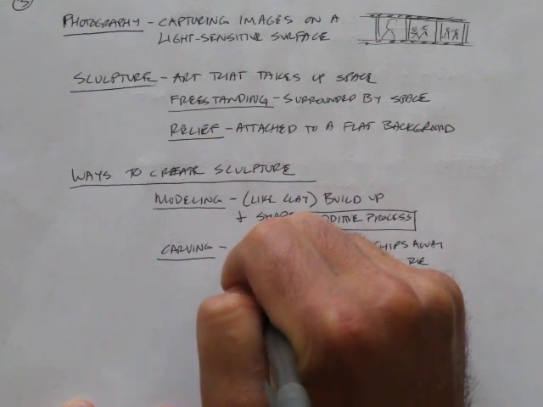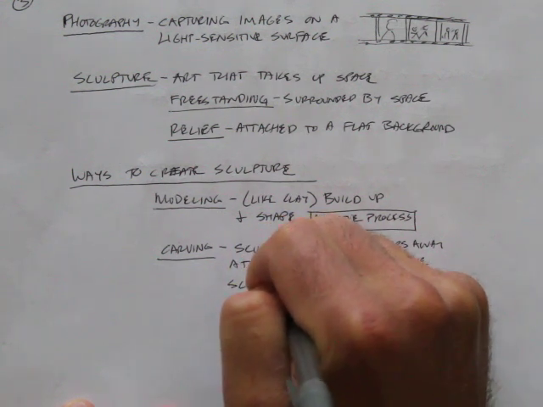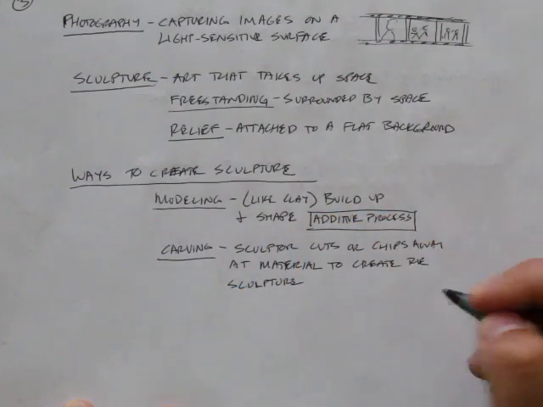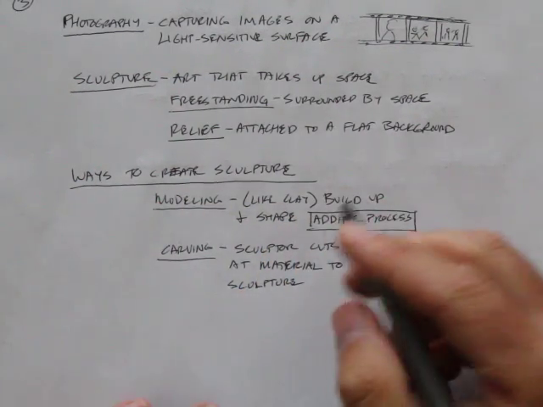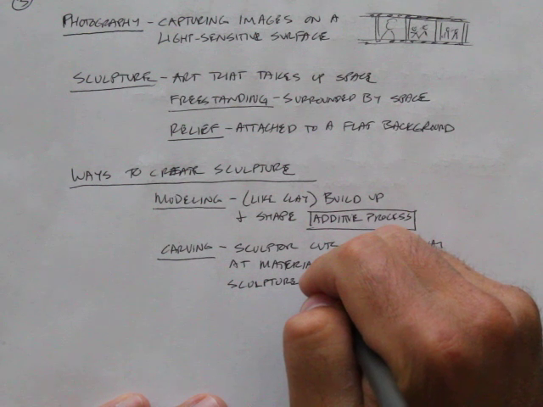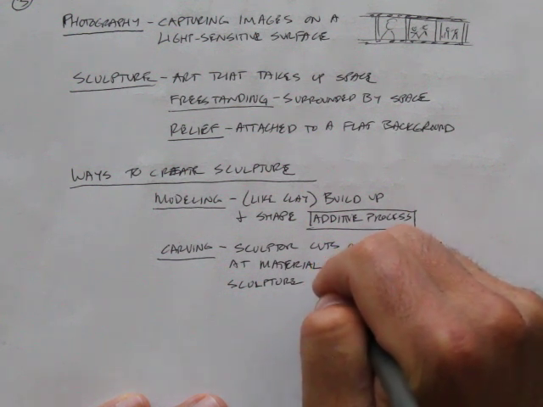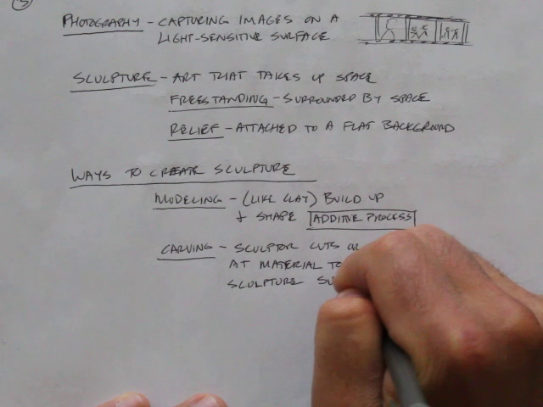Now, if the other one was an additive process, where we're building it up, carving is going to be a subtractive process because we're cutting things away. Subtractive.